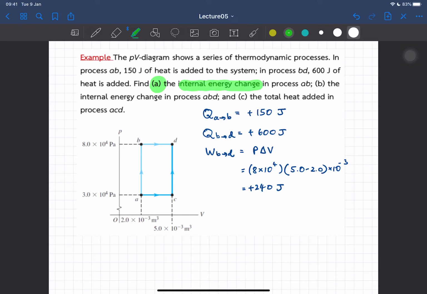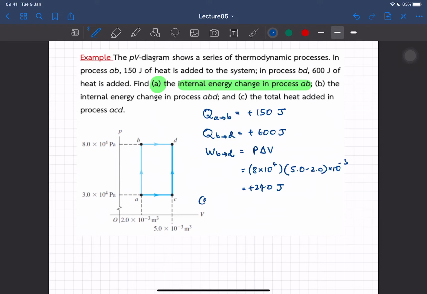What's the internal energy change in the process A to B? Well, okay, not really, because we are a little bit ahead of the question. But for the internal energy change from A to B, which is this one, the work is 0, right? So everything you put in terms of heat is going to appear as the increase in the internal energy, right?